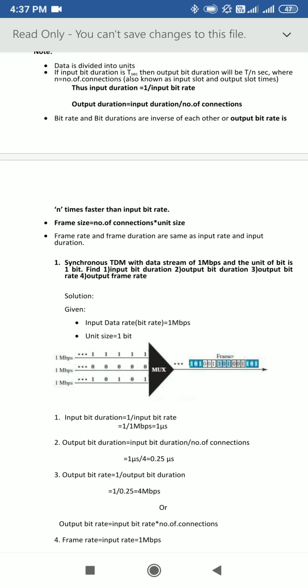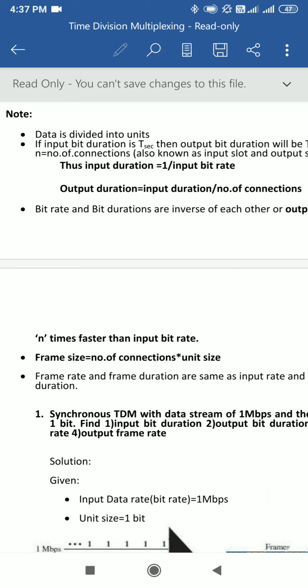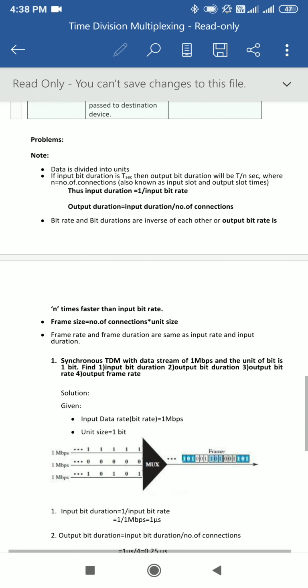Then, if the input bit duration is t seconds, the output bit duration will always be t by n seconds, where n is the number of connections or the number of input devices. Thus, input duration is given as 1 divided by the input bit rate. Output duration is given as input duration divided by the number of connections. Bit rate and bit duration are always inverses of each other.